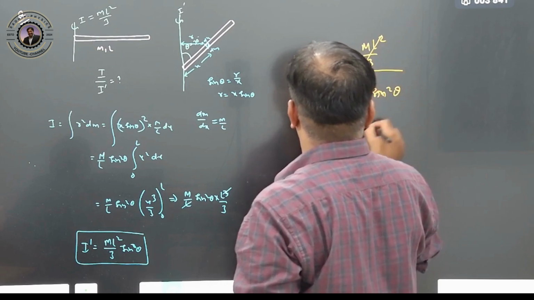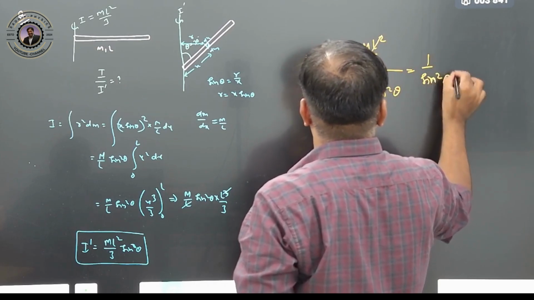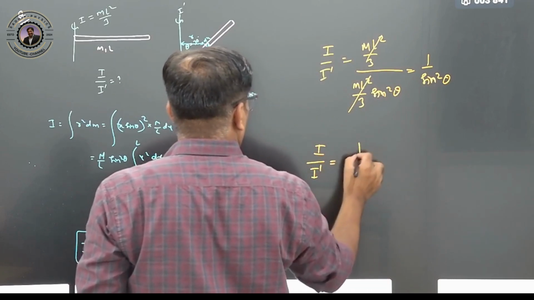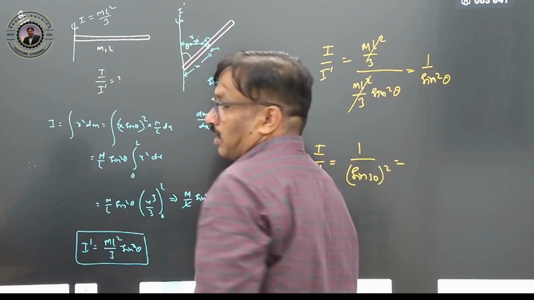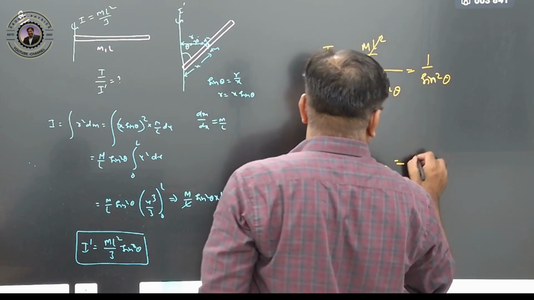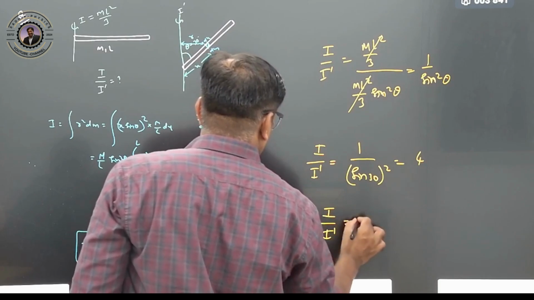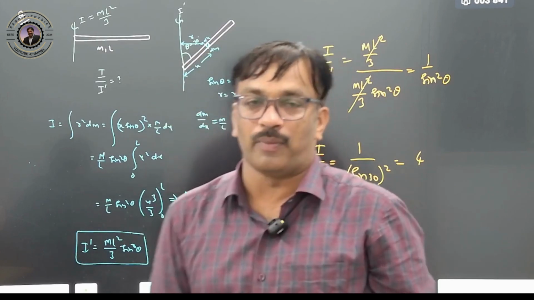This will get cancelled, so it is 1 by sin square theta. So I by I dash is 1 by sin 30 whole square. Sin 30 is 1 by 2, so take and drop, therefore it will be 4. So I by I dash is equal to 4. Clear?